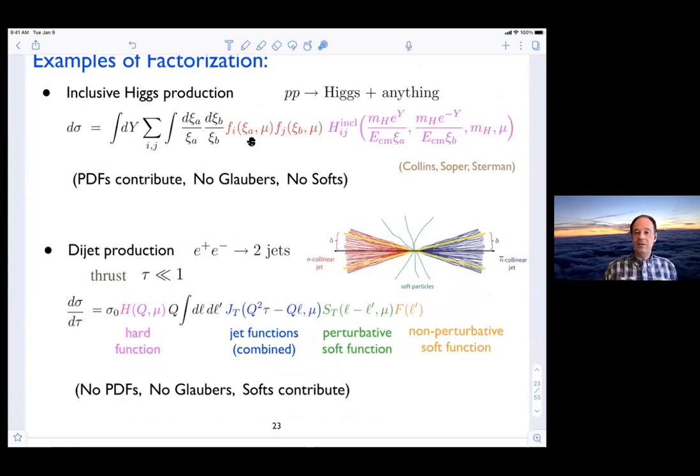When you do that, you introduce more scales in the problem, and it turns out that the soft physics doesn't cancel out in this case, because soft particles can contribute to those jet masses or thrust. You get a factorization theorem that ties together the hard dynamics, the jet dynamics from the dijets in this picture, and then the soft physics. So it's another example of factorization, this time where the soft dynamics didn't cancel out.